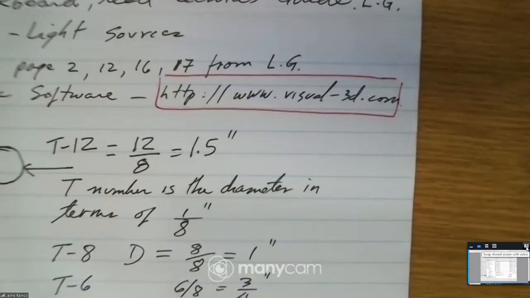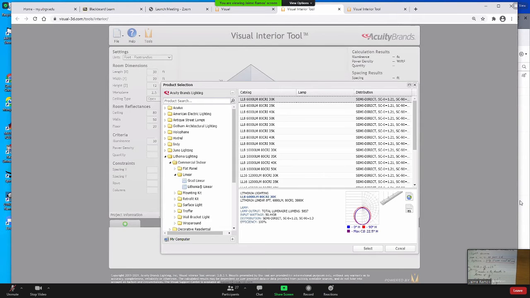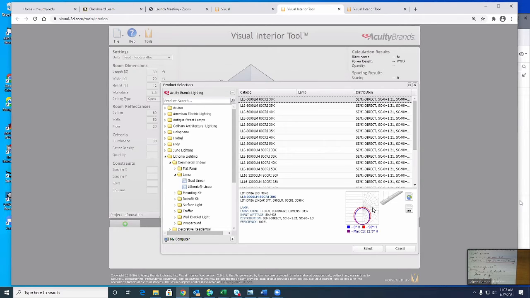Okay, then we have the lamp itself. So one is the luminaire, including all the housing of the luminaire, the reflector, the reflecting surfaces. One is the luminaire and another is the lamp itself.